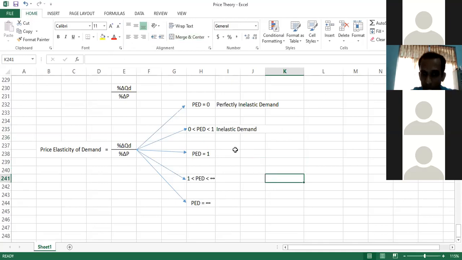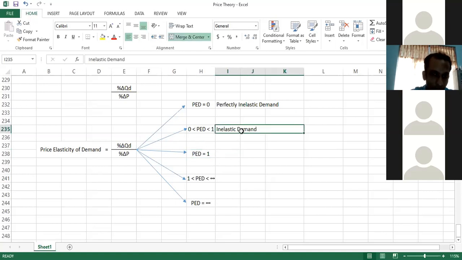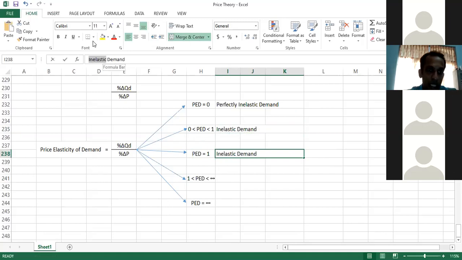Sometimes it's possible to get an answer equal to 1. What is the meaning of that? That is unitary. So we use the term unitary elastic. When the price changes, the quantity demanded changes by exactly the same percentage.